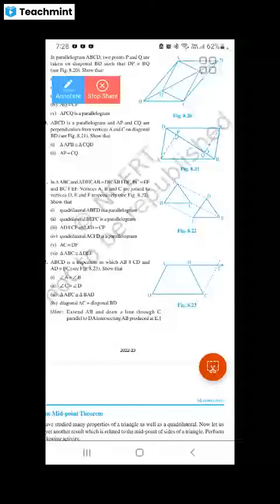Second is quadrilateral BEFC. Where is BEFC? Same thing is there. Okay, this part, BCEF.